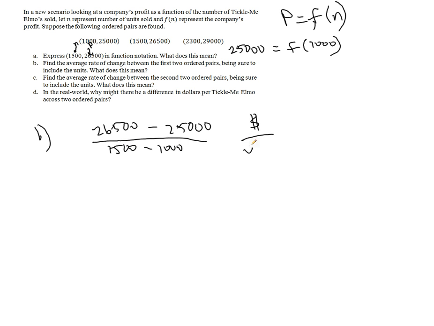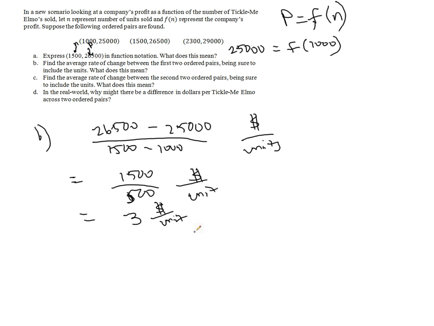And this is units, and by units I mean numbers sold. So the difference is 1,500 divided by 500 units. And so 1,500 divided by 500 equals $3 per unit.